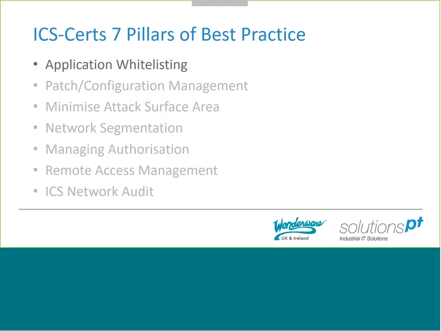So if we look at the first pillar, which is application whitelisting, I heard a cybersecurity expert talking recently, and he used an analogy for explaining the difference between blacklisting and whitelisting. So I'm going to pinch it. So what it was, imagine you're taking a small child around a supermarket. He's pretty naughty, this child.